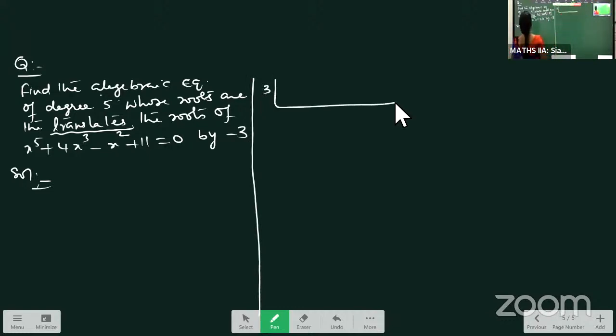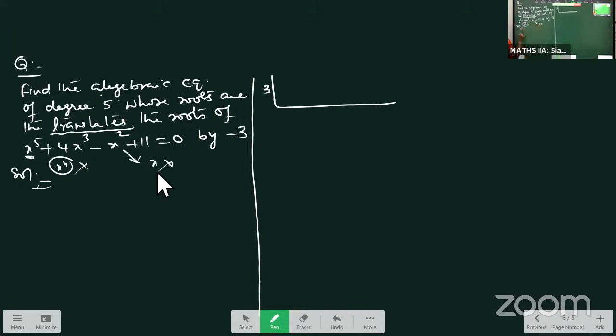So what are the values here? 1, 4, minus 1, and see that the x term is not given. Observe the question once. Here x power 5 is there, but x power 4 is not there. Then next x cube and x square, but x is not given.